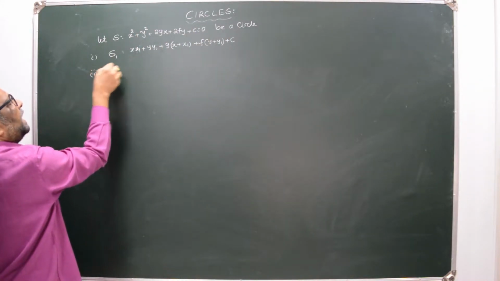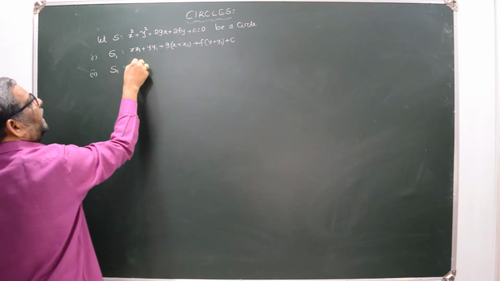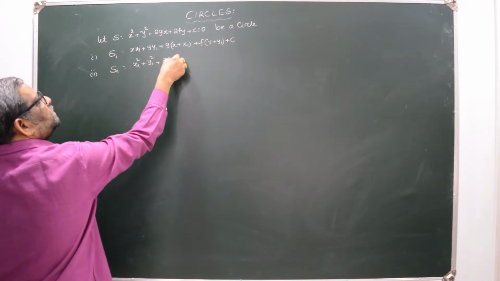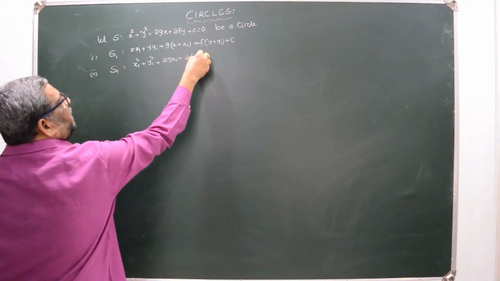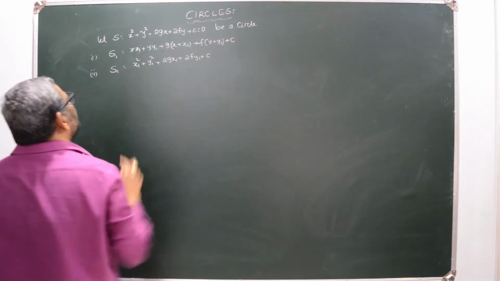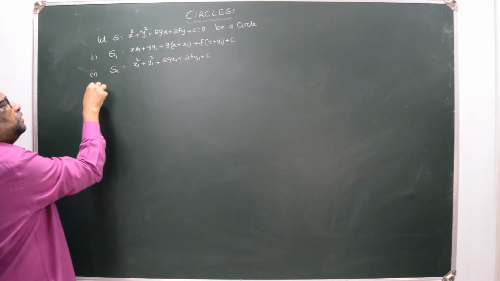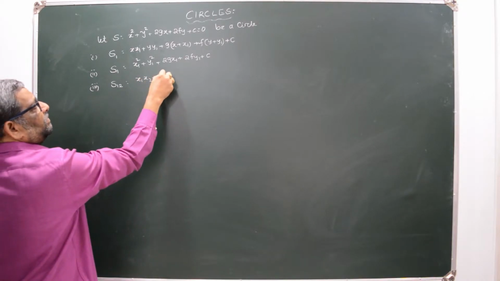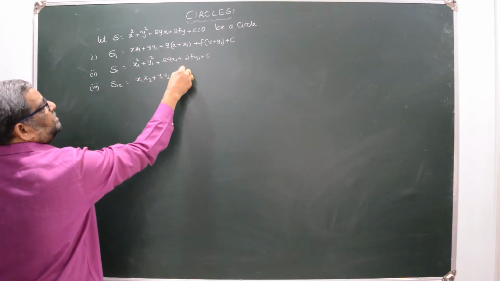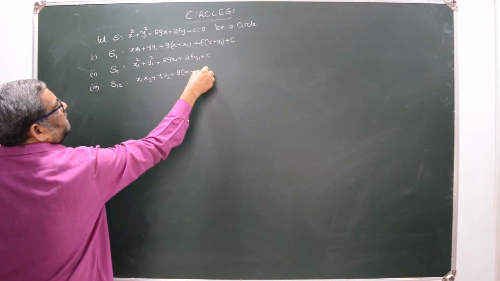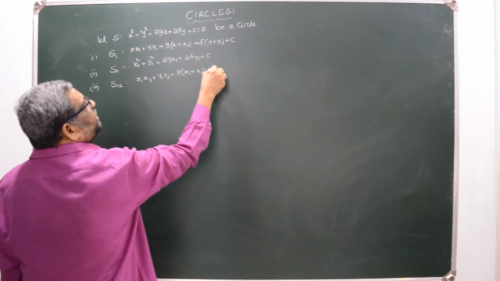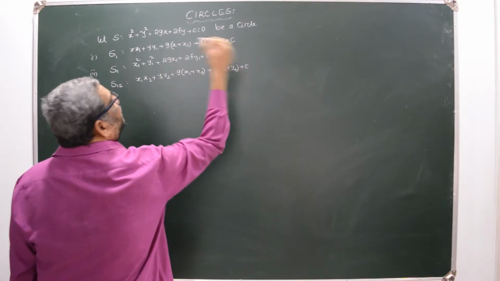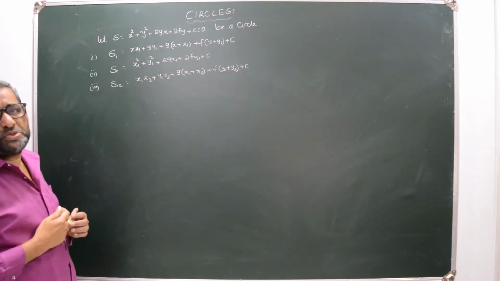Now S11 is x1 square plus y1 square plus 2g x1 plus 2f y1 plus c. This is S12: x1 x2 plus y1 y2 plus g into (x1 plus x2) plus f into (y1 plus y2) plus c. Like that you can write S21, S22 and so on.